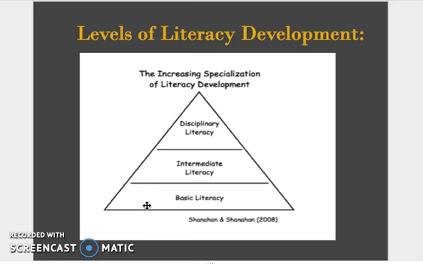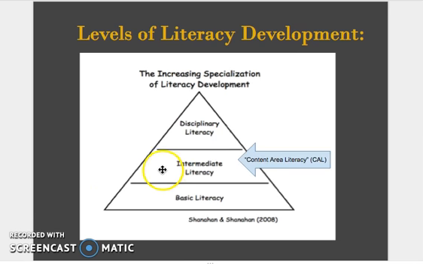It has to do oftentimes with decoding, phonics, sentence fluency, what you're often learning in your first grades in primary school, first, second, third grade. Then you get into intermediate literacy. This is the literacy often that's referred to as content area literacy, and we'll talk more about that in a bit. And then you have what's considered this advanced literacy, the disciplinary literacy.